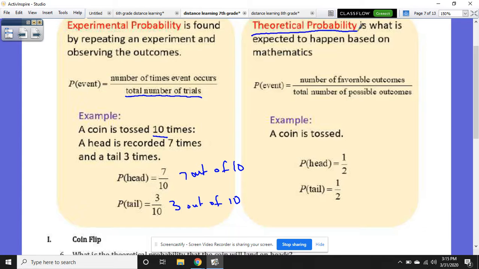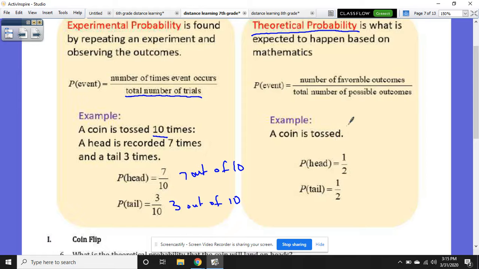Now, theoretical probability is what should happen, what your odds actually are. Theoretical probability is what is expected to happen based on mathematics. The probability of an event is the number of favorable outcomes, the number of times that event can occur, over the total possible outcomes, not the number of trials, but the possible outcomes.